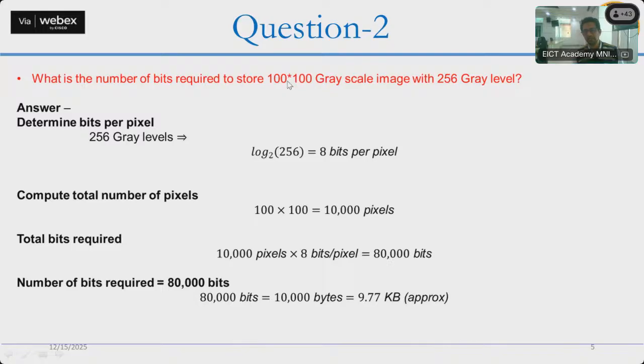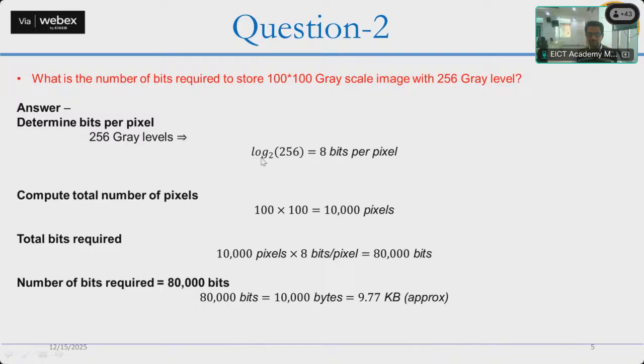Remember, whenever the resolution is given as 100 by 100, it is basically pixels only. A grayscale image with 256 gray levels. So how many bits are used to represent a gray level?